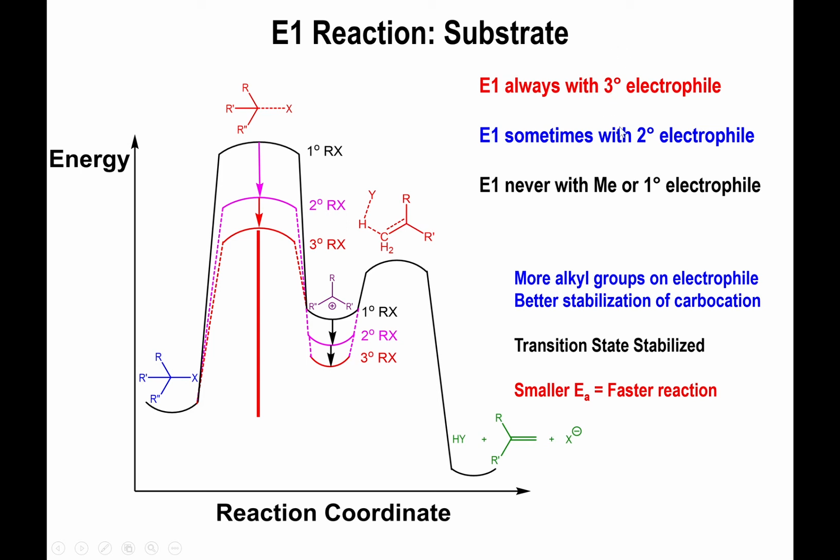But with the secondary ones, much like the substitution reactions, you have this kind of situation where maybe it could go via the E1, maybe it could go via the E2, and what will tell you what's happening is ultimately the solvent that you're using. Now the E1, however, is never going to happen with a methyl or a primary substrate. And the main reason is because primary substrates don't make for good carbocations.